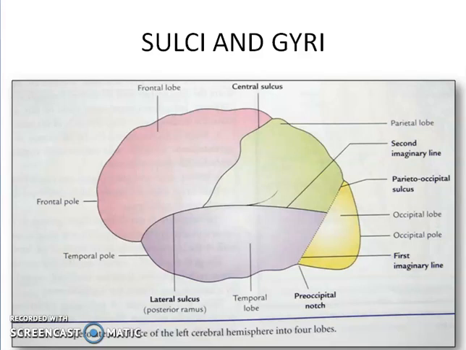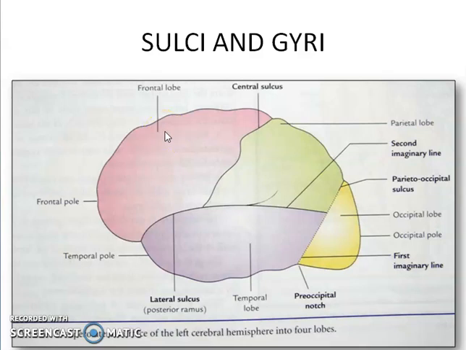These convolutions are called gyri and the fissures are called sulci. The sulci can differ in depth from a slight groove to a deep fissure, whereas gyri consist of a central core of white matter, the nerve fibers running to and fro from the overlying cortex.